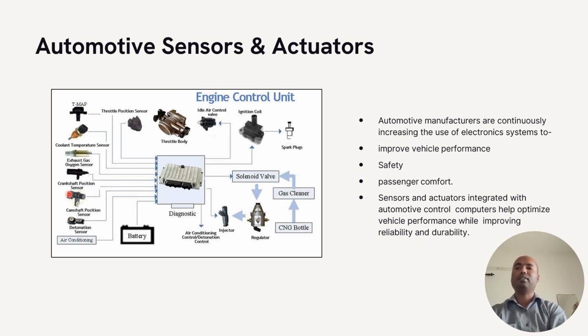Likewise, there are different kinds of sensors. All the sensors read the data and deliver the signal to the ECU, the engine control unit or engine control module. The ECU gets its basic function through battery power.